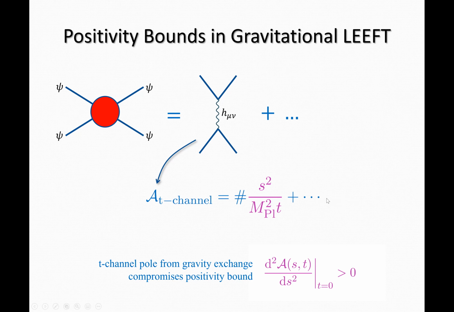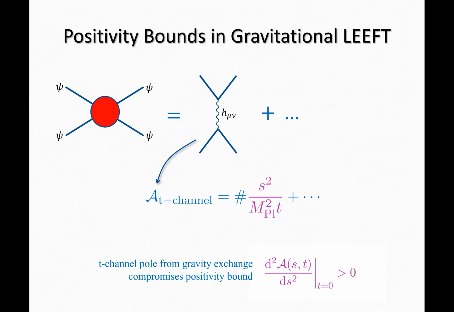There are many very interesting and promising ways of arguing why this may be a reasonable thing to do. I'm not going to go through those arguments here. Let me just try to see if I could apply positivity bounds to the remainder of the amplitude, just by saying that maybe when I send M-Planck to infinity, this goes to 0, and therefore that's not really an issue. And this, to some extent, is correct, but not if you're really interested in M-Planck corrections to the positivity bounds.